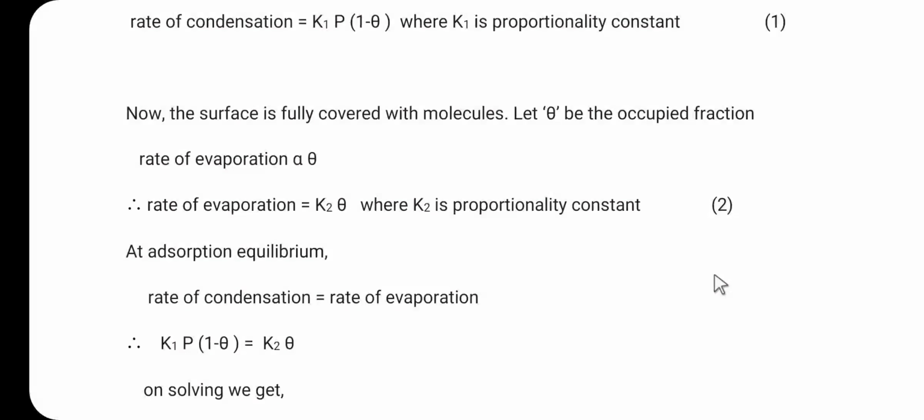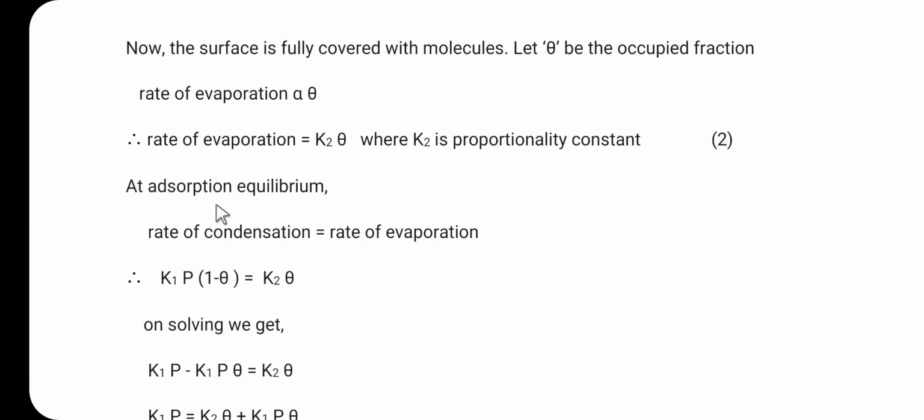All of you know that as per the postulate of the Langmuir adsorption isotherm, at adsorption equilibrium the rate of condensation is equal to the rate of evaporation. So we have equation 1 and equation 2. The rate of condensation K1 into P (1 minus theta) is equal to K2 into theta.